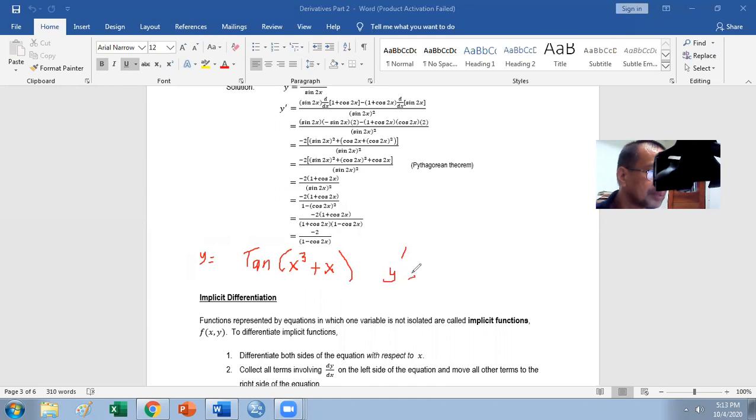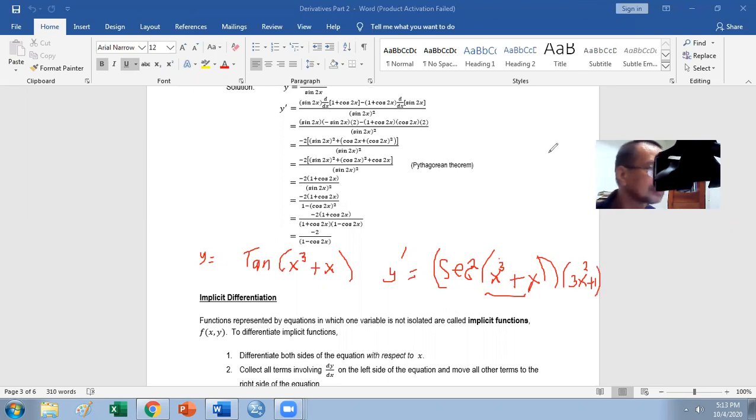Your y prime is the derivative of tangent, which is secant squared of x cubed plus x times the derivative of this. Okay, the derivative of x cubed plus x will be equal to 3x squared plus 1. Okay, there.